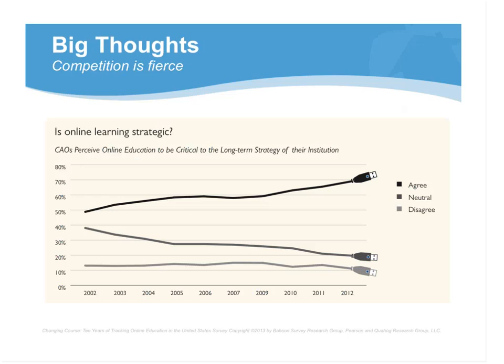So if you look at this survey right here, it really just shows that chief academic officers are more and more, and even in the last year or so, focusing on online education as a critical part of their strategy. So to me, what that means is there are going to be more programs, and it's just something that you need to be aware of, that you have to be innovative, you have to be ahead of your competitors in thinking about building and launching online programs.